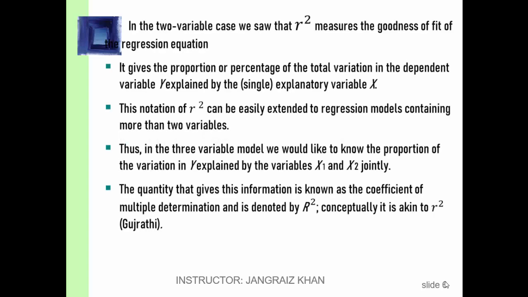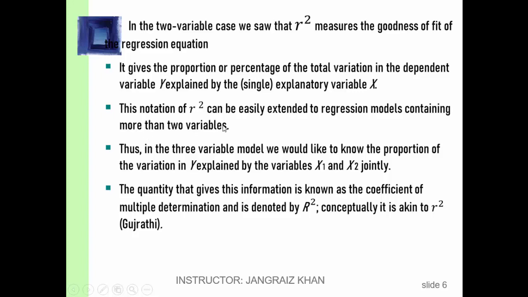In the two variable case, we discussed that R square measures the goodness of fit of the regression equation. It gives the proportion or percentage of total variation in the dependent variable y which is explained by the independent variable x. The notion of R square can be easily extended to regression models containing more than two variables.